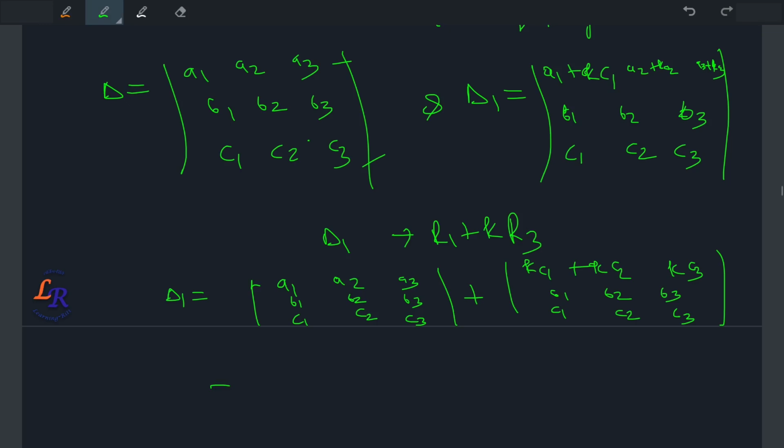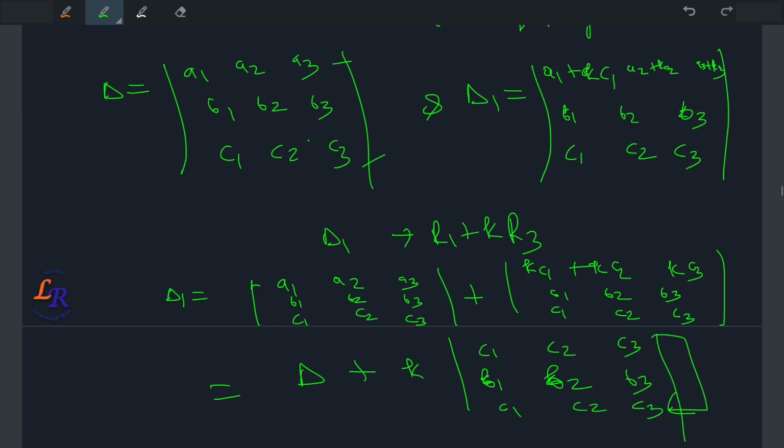So this will be your delta, plus you take the constant out from here, and then you can write c1, c2, c3, b1, b2, b3, c1, c2, c3. Now you remember it has two rows common, so the value will be 0, so you will get the same value, right?